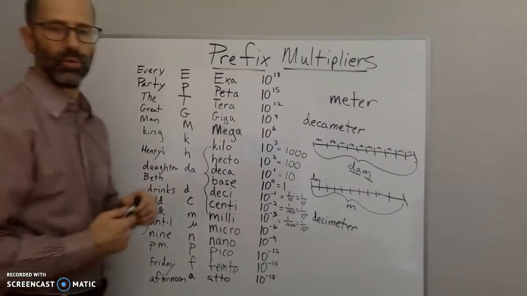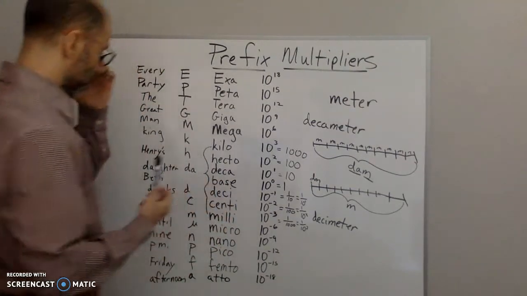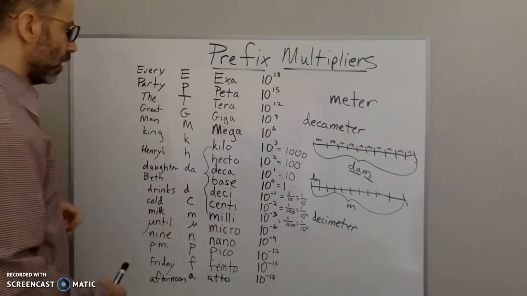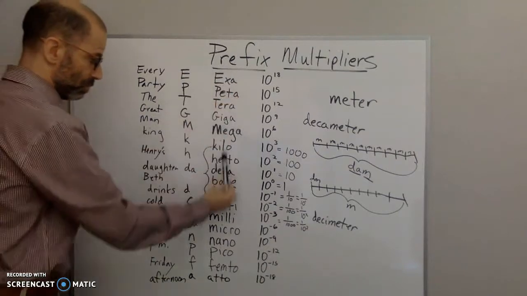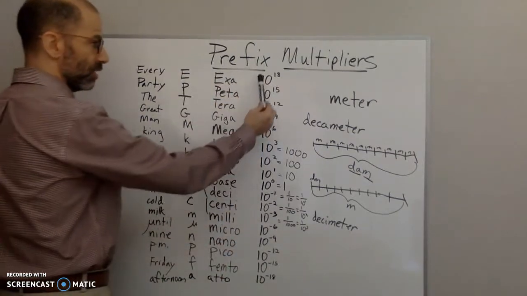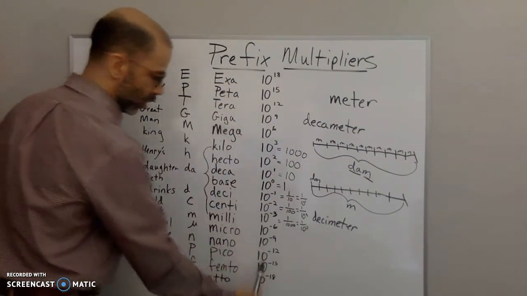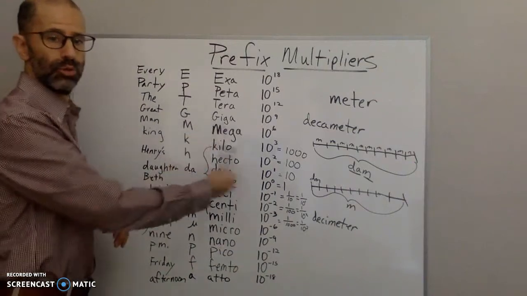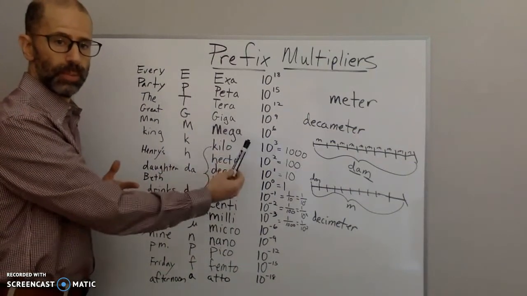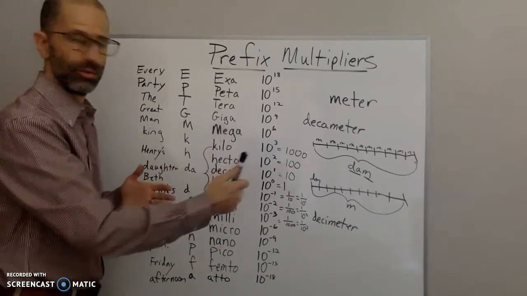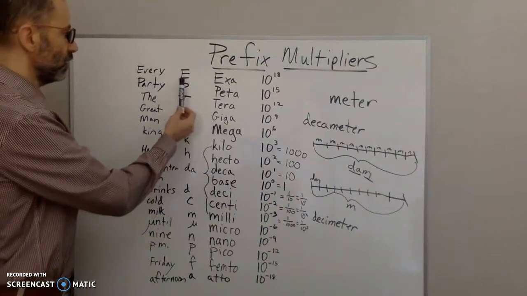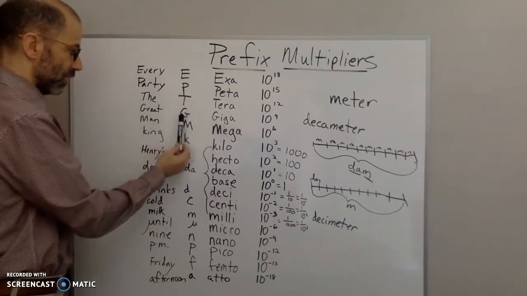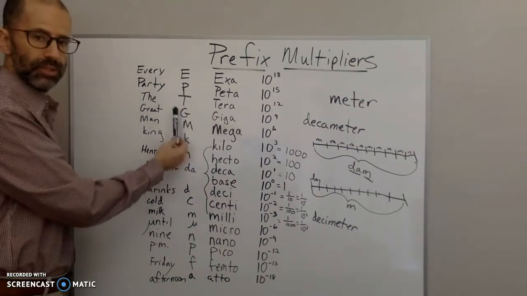So these are the prefixes, the multipliers that tell you what you're going to multiply by to create your new unit. These are the abbreviations for the unit.